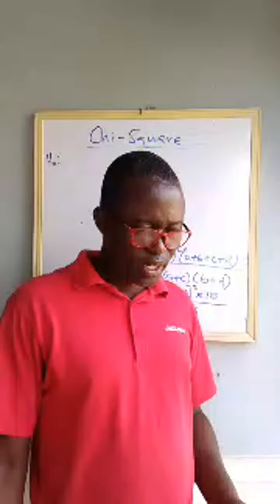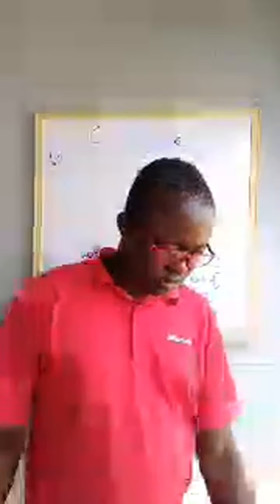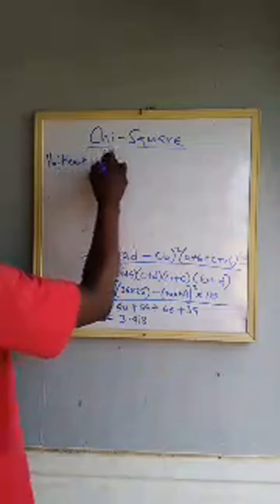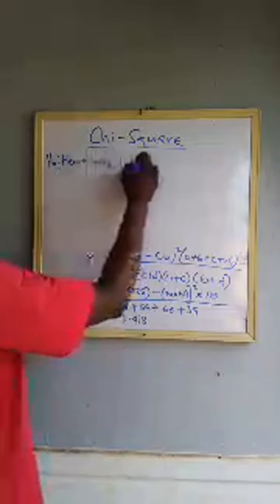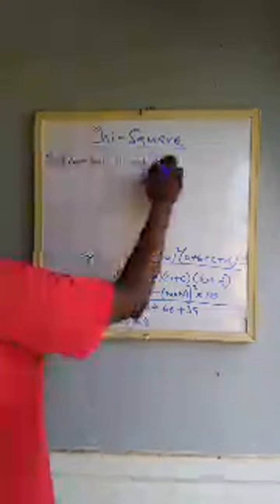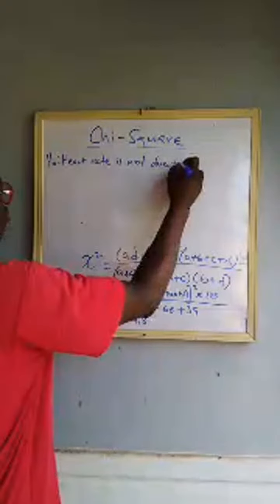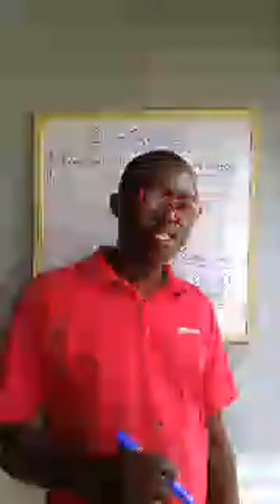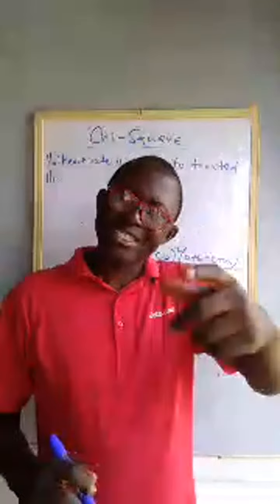All right. So we can say, heart rate is not due to treatment. That is a null hypothesis. Alternative hypothesis is now what we are really interested in, that the treatment is affecting the heart rate of animals.